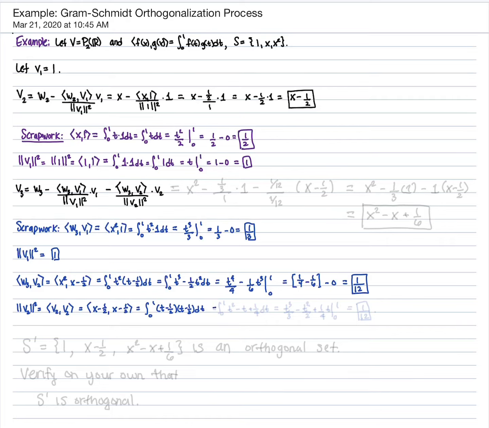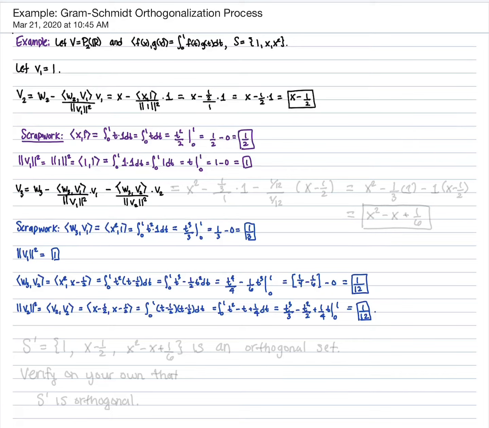And then that just gives us the integral from 0 to 1 of t squared minus t plus 1/4 dt. And I'm going to just go ahead and not do all of the computation, because at this point it's a little bit of algebra, but you should just get t cubed over 3 minus t squared over 2 plus 1/4 t, going from 0 to 1. And that final answer is going to also give you 1/12 when you simplify everything.